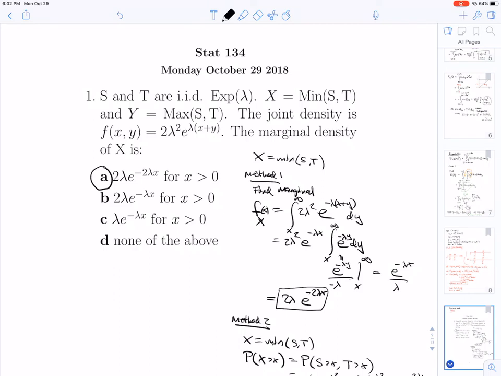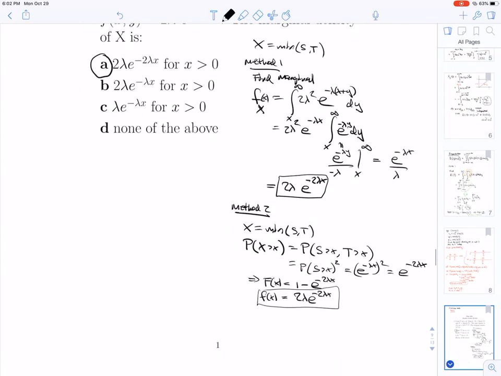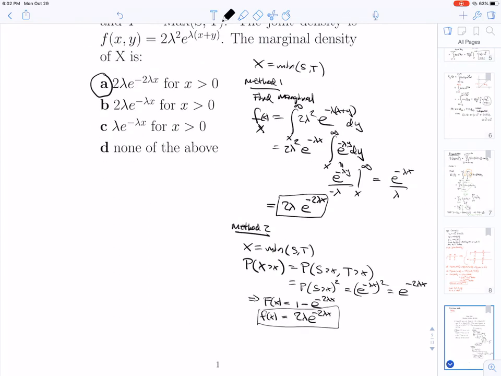So in the case of finding the marginal density of x, you can integrate out y, or you can just say, hey, x is the min of s and t, and since s and t are exponential, this works well using a CDF method. I'll just write out explicitly what the probability of X greater than little x is, and then that'll give me the CDF, and I can just take the derivative of that to give me the density.